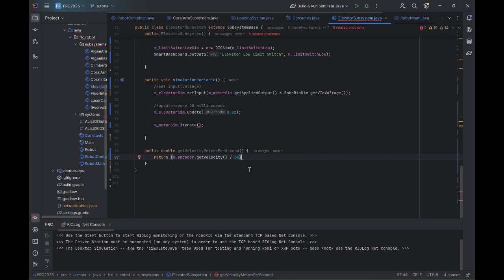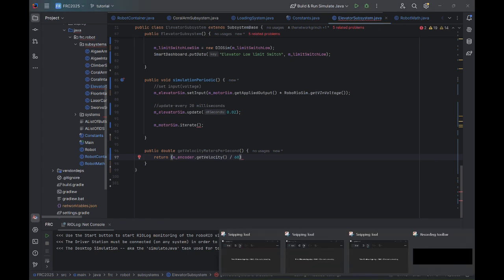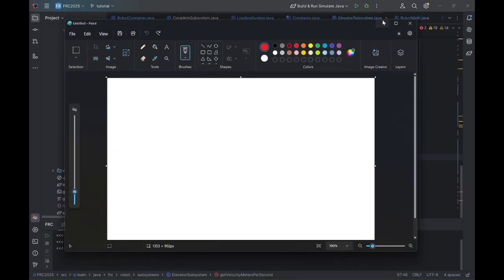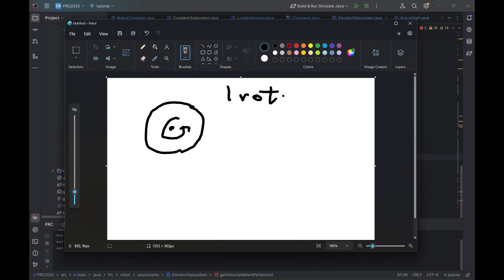And from rotations to meters, so it's from a rotational displacement to a linear displacement. If we have a circle here and 1 rotation, the linear distance should be the circumference, which is 2 pi times the radius.